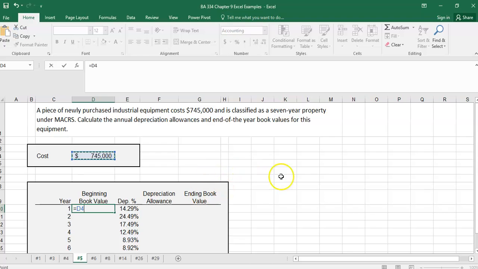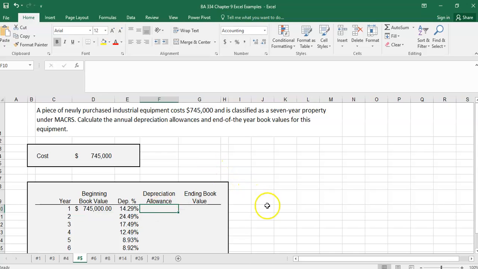So when we begin the project, our book value is $741,500. Let's do the whole depreciation allowance first, because in MACRS depreciation, you take the historical cost of the equipment times the depreciation percentage.